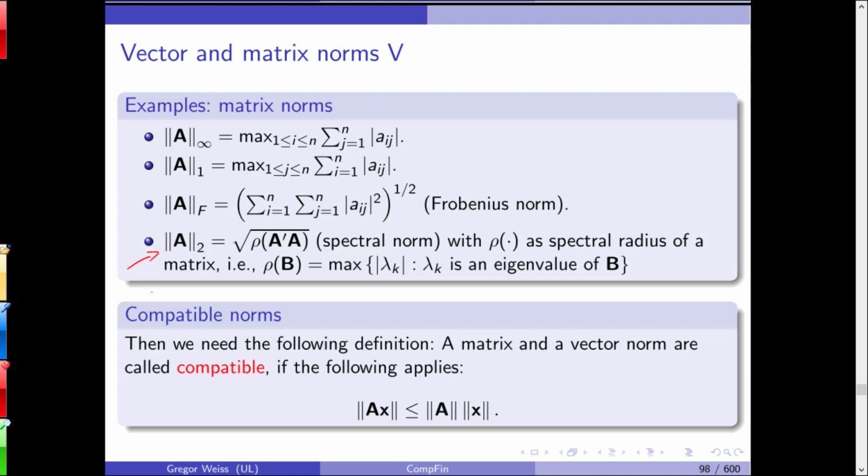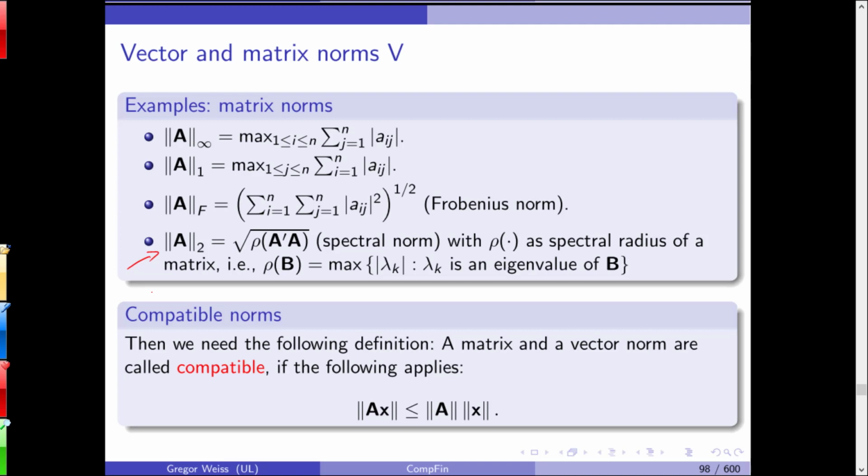Has anyone of you seen, maybe in linear algebra, the spectral radius of a matrix? Might be that our colleagues from the Math Institute also teach this in our Math for Econ class. No? Yeah, okay.